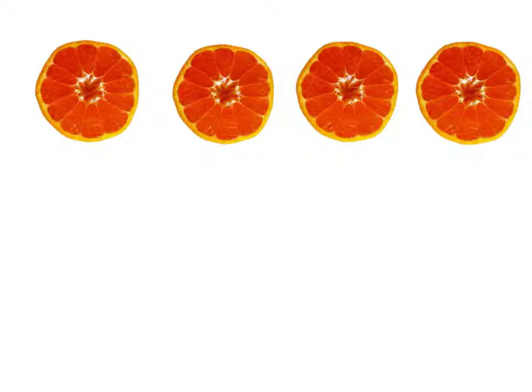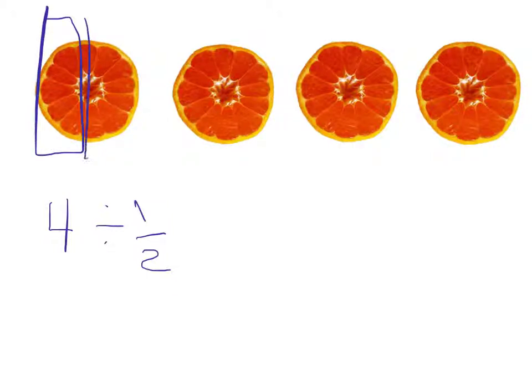So now I'm going to look at these 4 objects again, these 4 grapefruits. This time, I'm going to take the 4 grapefruit and I'm going to divide it by 1/2. So that means we want to group these grapefruits into groups of 1/2. So here's about half a grapefruit, here's about half a grapefruit. Sorry, it's not totally accurate, but it's close.